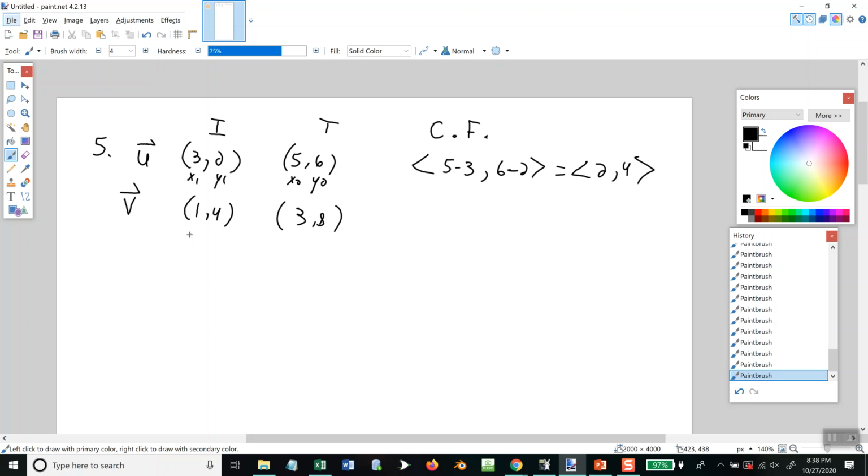For this one, this is my x1, this is my y1, this is my x2, this is my y2. So I'm going to have 8 minus 1, and I'll have 3 minus 4.